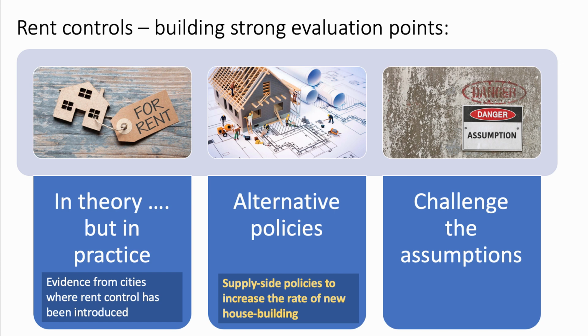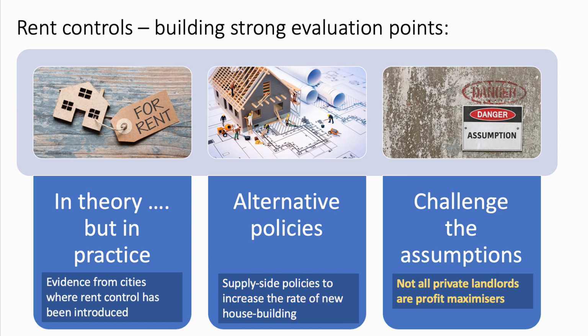And finally, we can challenge the assumptions. So I said, for example, that high rents might be landlords profit maximizing and trying to scalp tenants. Well, that may not be the case. We shouldn't always assume that private landlords necessarily are profit maximizers. I mean, who are the landlords? Most landlords tend to be fairly small.